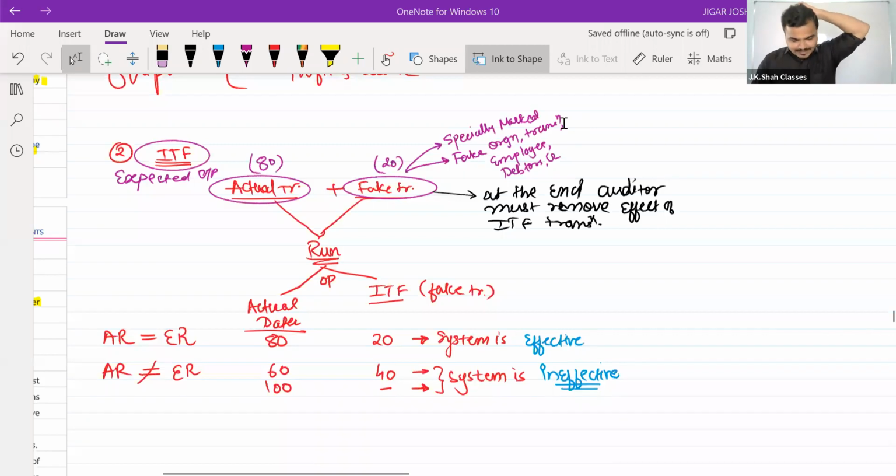Please write down this ITF as it is. Done, everyone.